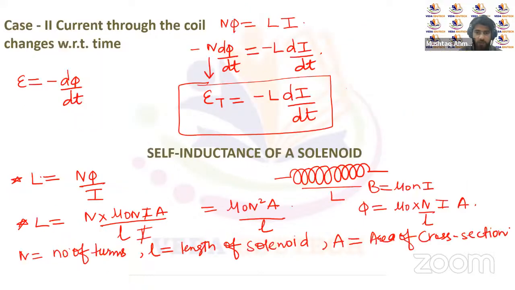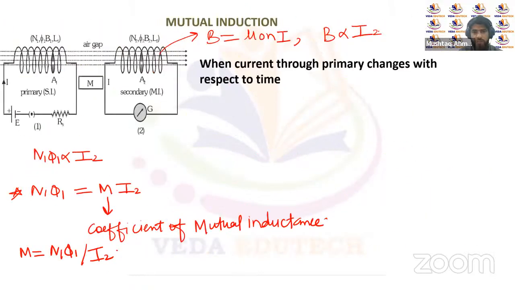In the same way, let's suppose we have two coils here. One we call the primary coil or primary circuit, another we call the secondary coil or secondary circuit. In the primary circuit, we have N1 turns, Phi1 is the flux, B1 is the magnetic field because of its own current, and L1 is the coefficient of self-inductance.